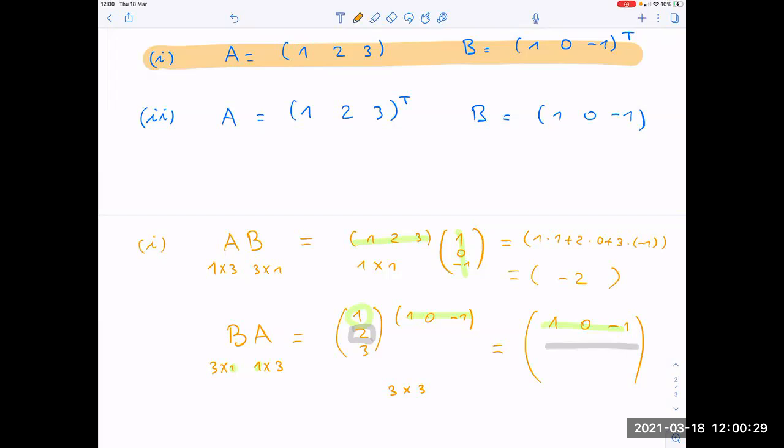So I will get 2, 0, minus 2. And finally, you will get 3, 0, minus 3. So I hope you see that all the rows are multiples of the same row, okay?